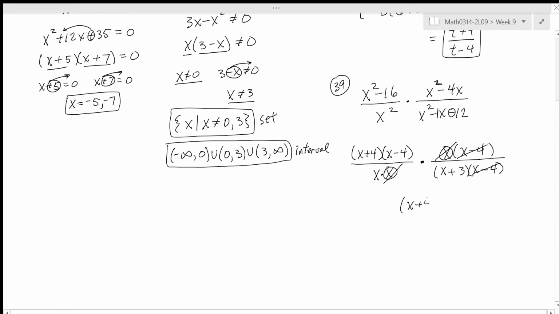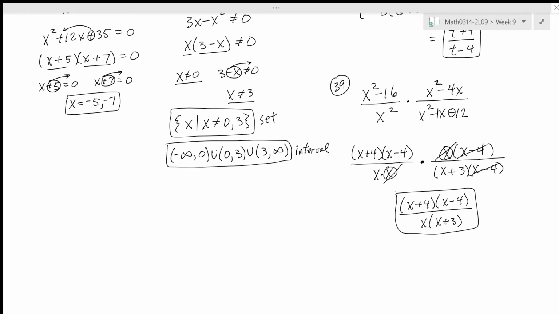X plus 4, X minus 4. That's what's left in the top. In the bottom, we have an X and an X plus 3. So did everybody hear me say factor and cancel? Whatever's left is the answer. Y'all heard that?